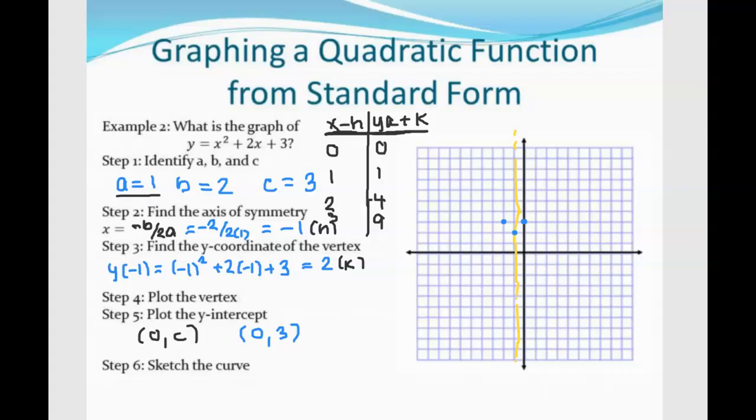So what we do to find our points on our graph is subtract h. In this case, my h is -1, so subtracting -1 to get all of my x values, multiplying y times a, and adding k.